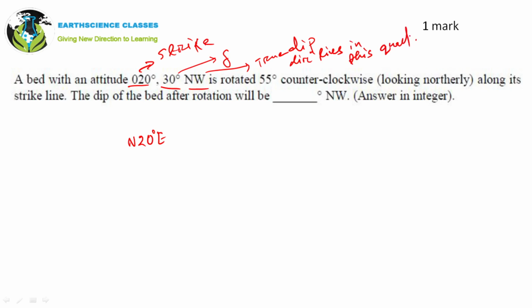Okay, so first let's do this bed. You can do it in two diagrams. One is your azimuth diagram. Let's say this is north south, and this will be east west.